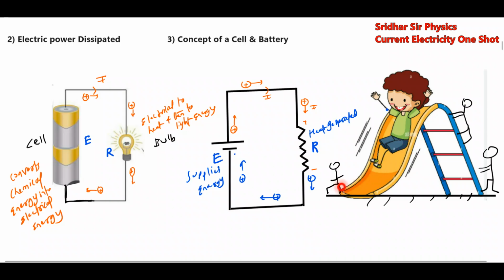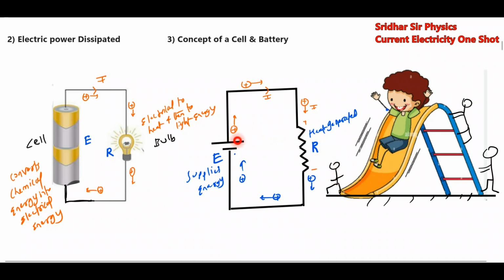It will come to rest here. So what is the energy conversion? The chemical energy which is present in his body, in his cells, will be converted into a rise in gravitational potential energy. The gravitational potential energy is converted into kinetic energy, and the kinetic energy is converted into heat by the friction, and it will come to rest.